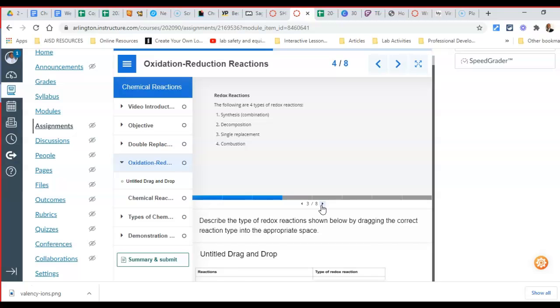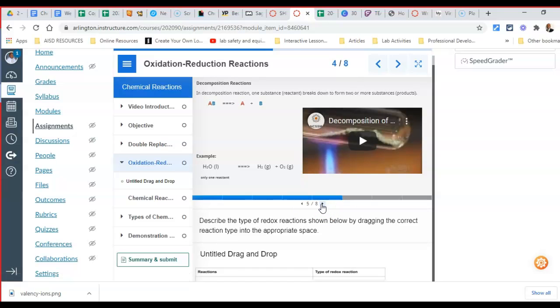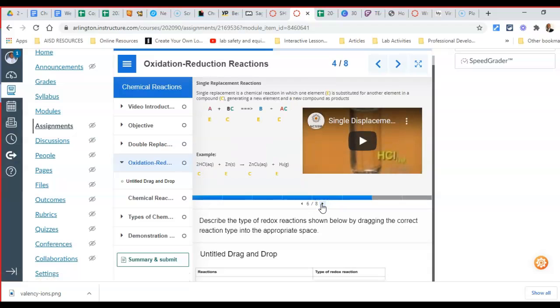In the next couple of slides, we're going to see the generic equation for each of those reactions, as well as an example for each, and also a very short video. So you can go through this, look at the video, and look at the example in order to be able to identify the type of reaction when you're given the equation.